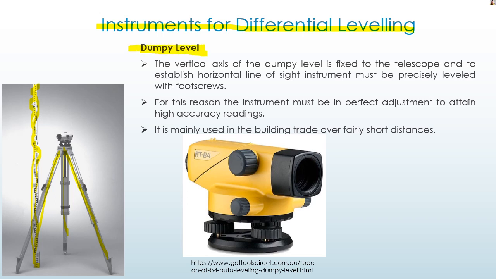There are several types of level. It can be a dumpy level, a simple level which has a fixed line of sight, and it has the foot screws over here, the focus knob, fine adjustment, and the eyepiece.